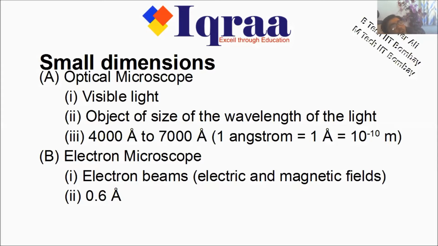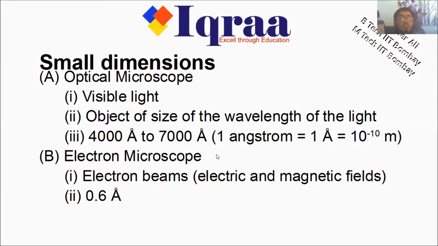An optical microscope is a device used to measure the length of an object whose size is nearly equal to the wavelength of light. And the wavelength of light varies between 4000 angstrom and 7000 angstrom, so the size of these objects can be measured with the help of the optical microscope. 1 angstrom is defined as 10 to the minus 10 meter.